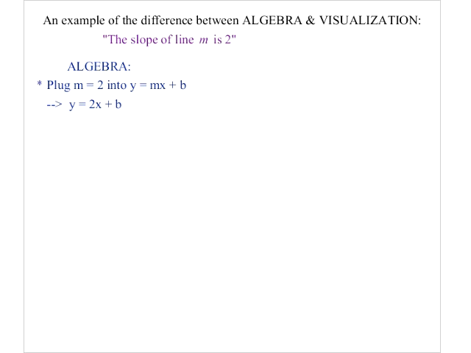Another interpretation you might have is the slope formula itself, where if you have 2 points, then you can say y1 minus y2 over x1 minus x2 is equal to 2. But then in terms of visualization, we are looking at totally different things.